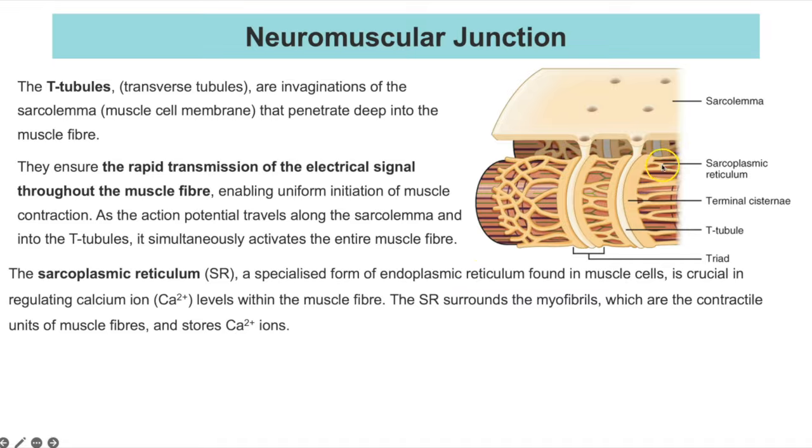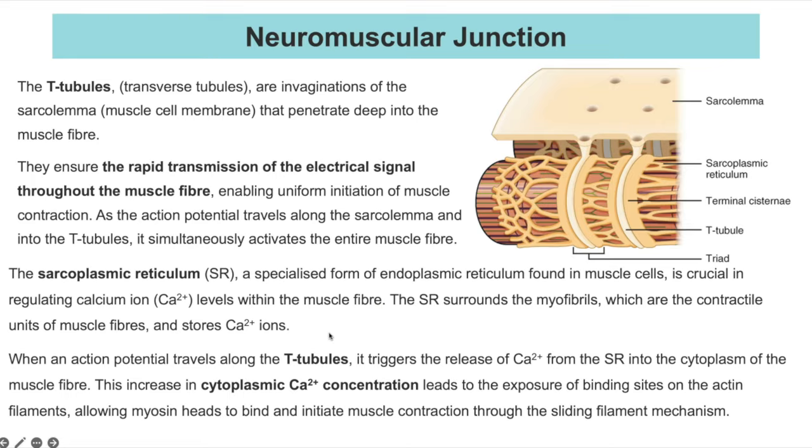The sarcoplasmic reticulum, or SR, is a specialised form of endoplasmic reticulum found in the muscle cells, and it is crucial in regulating calcium ions. The sarcoplasmic reticulum surrounds the myofibrils, which are the contractile units, which we're going to have a look at, and it stores calcium ions.